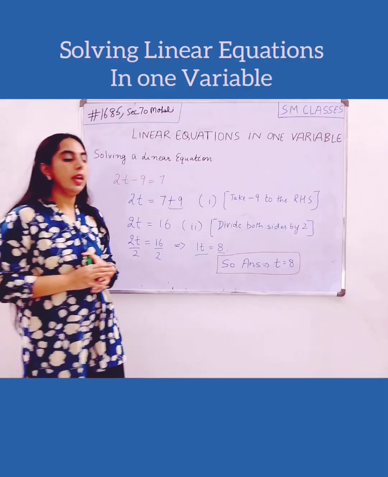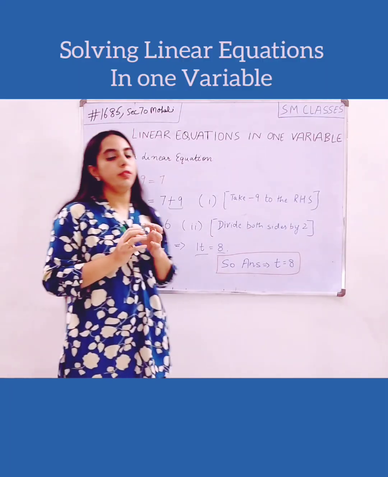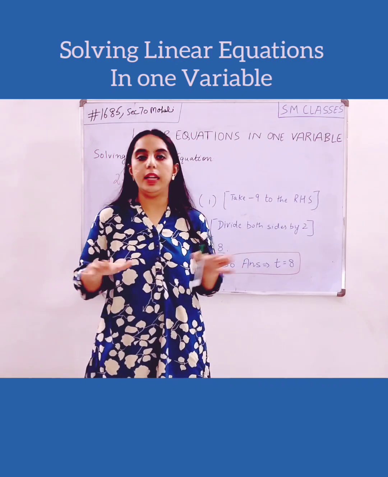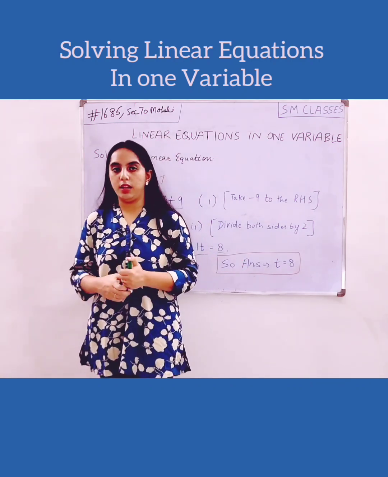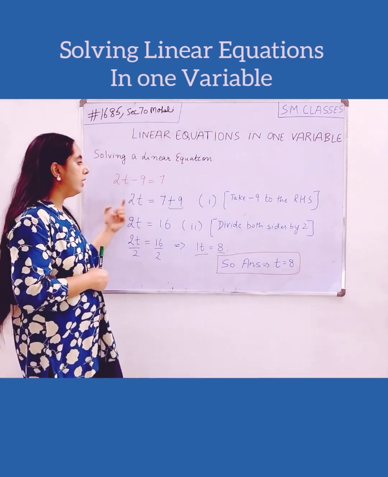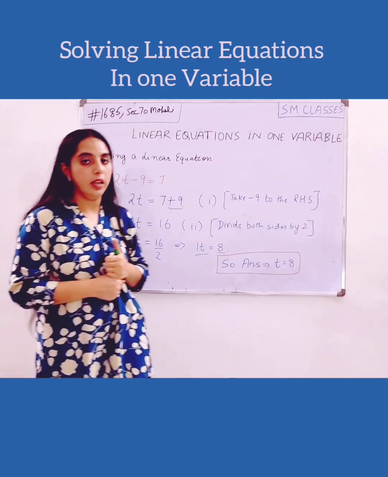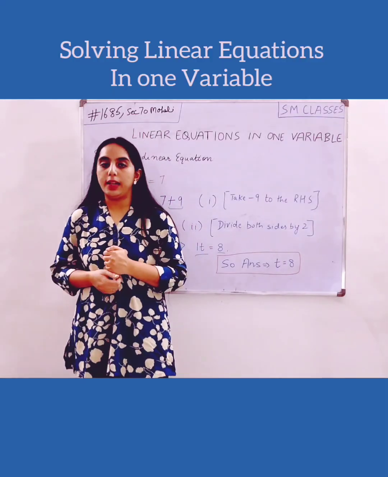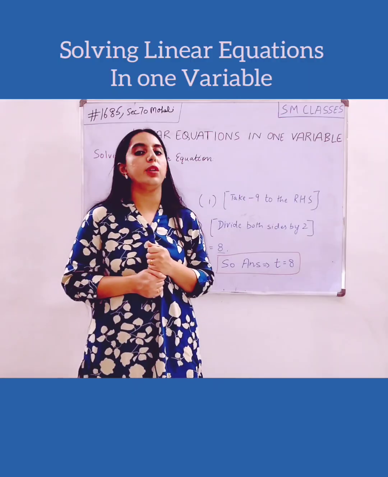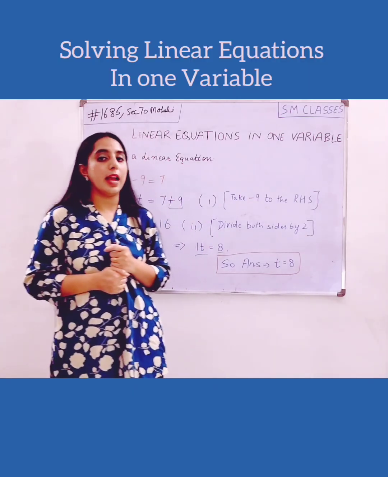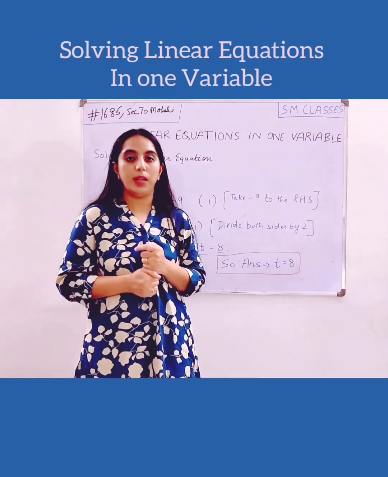How to solve it? We take only the variable term on the left hand side and take any other term on the right hand side. So we keep the variable term on the left hand side and the other term here, minus 9, is taken to the right hand side. Please note we have to address it with its sign. So we address minus 9 as minus 9, not as plus 9.